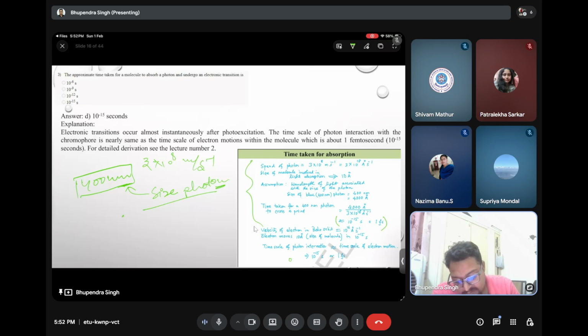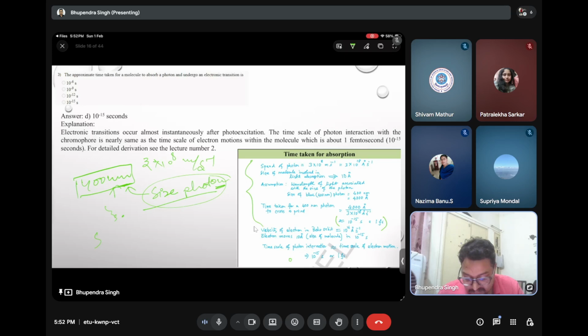To cross this point, the light of this photon size basically has to travel this distance. This is the zero point, and this is the size of the photon. Just like a train passing a point, we have to take the length of the train to calculate the speed and time.